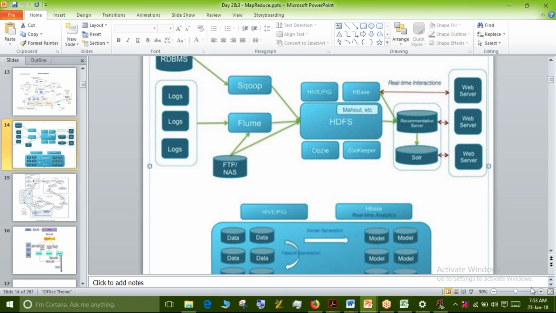But the web server can either interact with your HBase directly or with your recommendation server set up on your HDFS cluster. You can see that here in this diagram. This is a big picture of your Hadoop cluster.